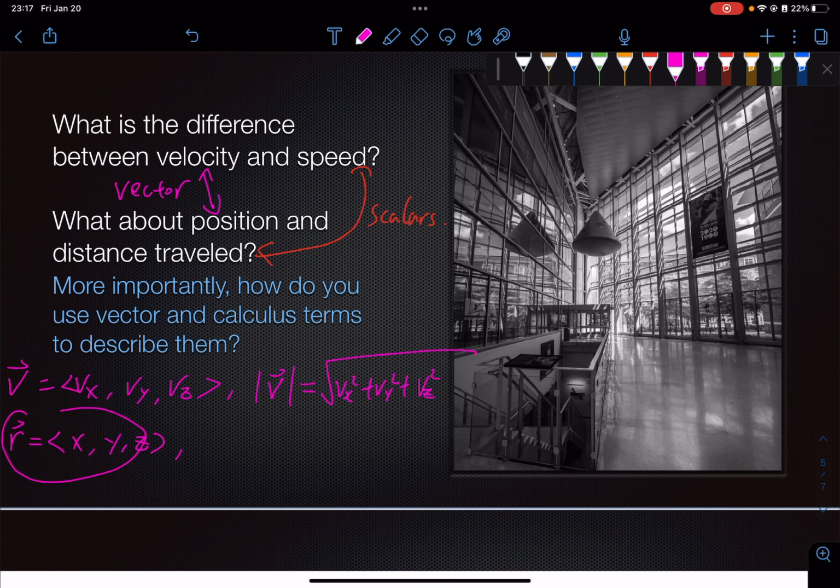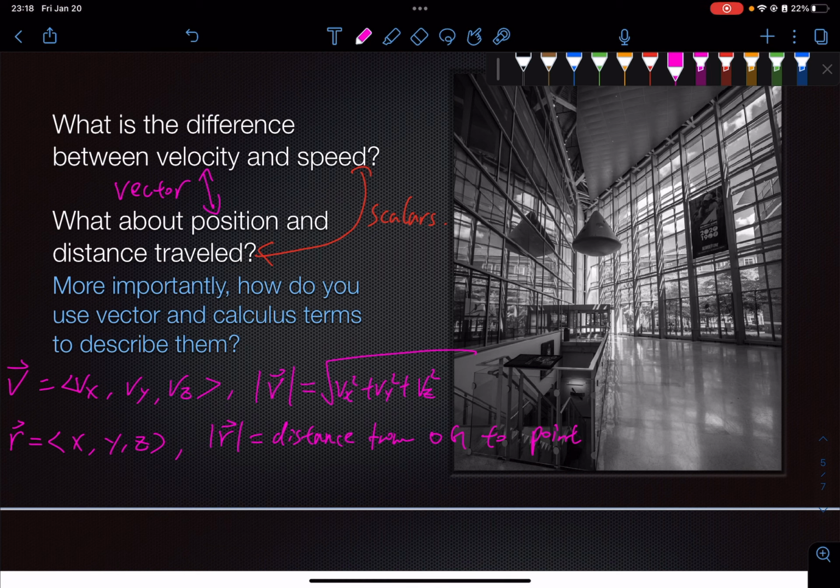If we take the magnitude of r, that's just the distance from the origin to our position vector, the position point.